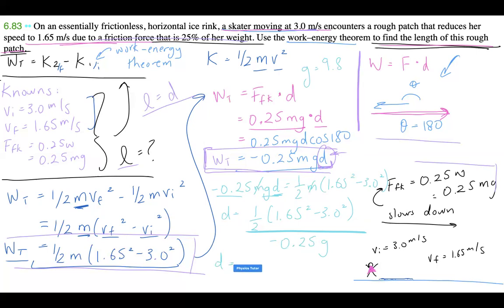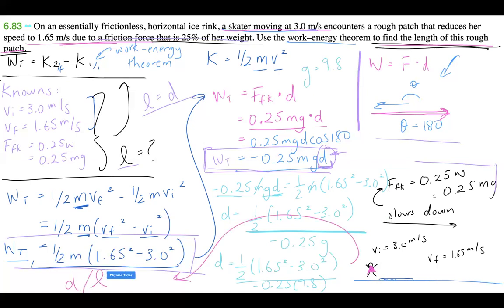And so we just plug in our values, right? And we get, and I'm going to write it in pink, my favorite color, D, or L, I guess, right?